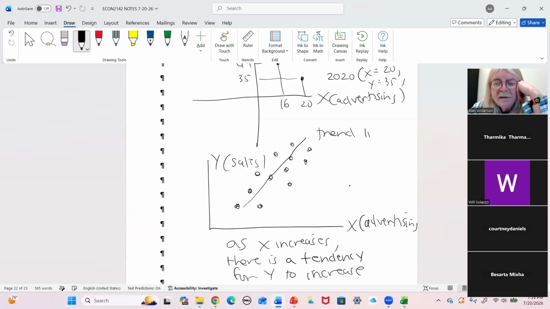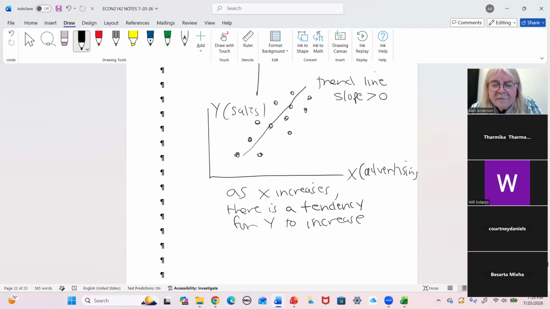trend line, and I'll show you how to do that, by the way. The slope is positive. It means that there's a direct relationship between X and Y, meaning they both either go up or down at the same time.